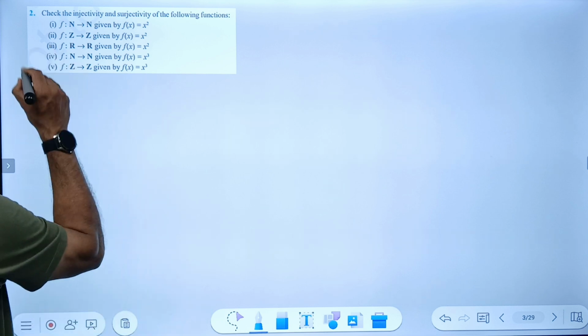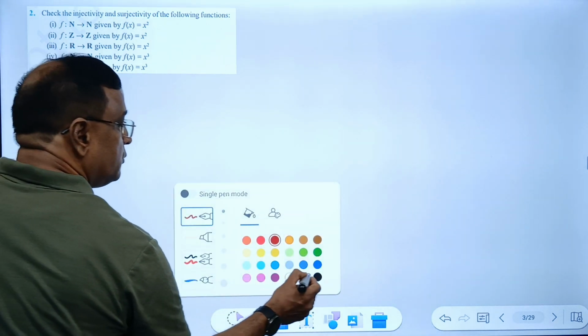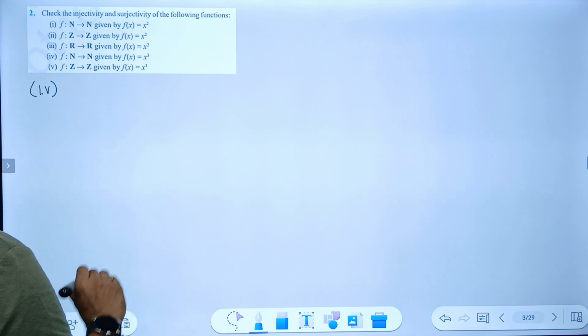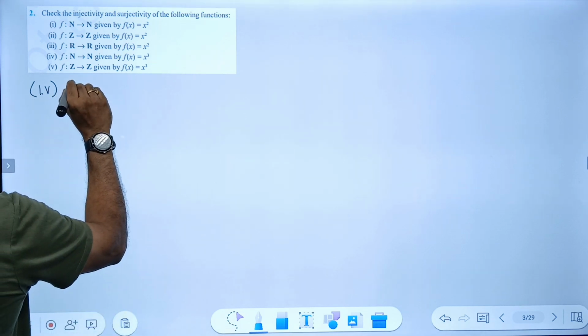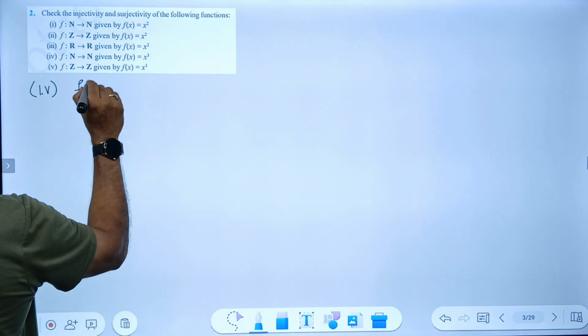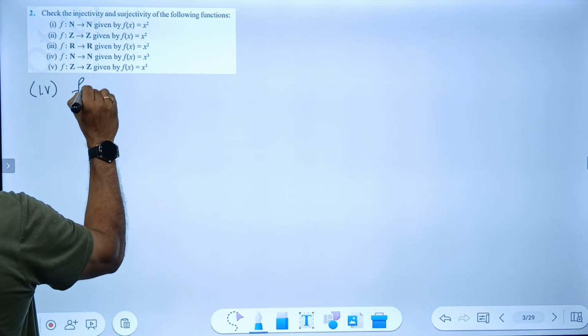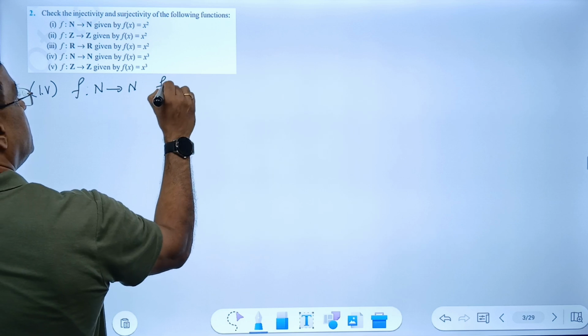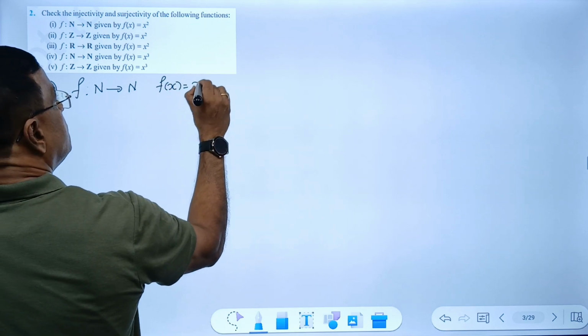Now the fourth subdivision. What is my fourth subdivision? f is a function from natural numbers to natural numbers, defined as f of x is equal to x cube.